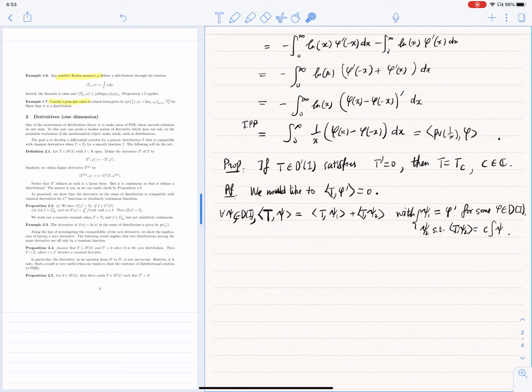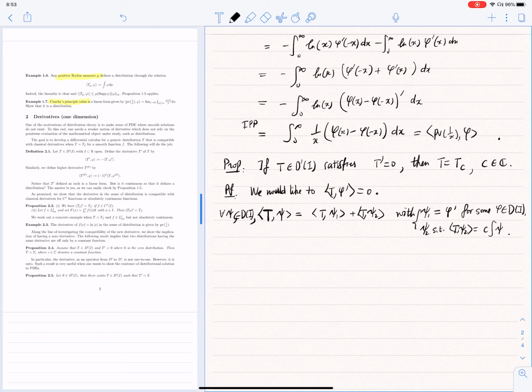The second piece gives a constant times the integral of psi, so T applied to a generic test function psi is a constant times this. This is precisely the meaning of T being associated with a constant function c. So the basic idea is to make a decomposition such that one piece contributes zero and another piece contributes a constant.